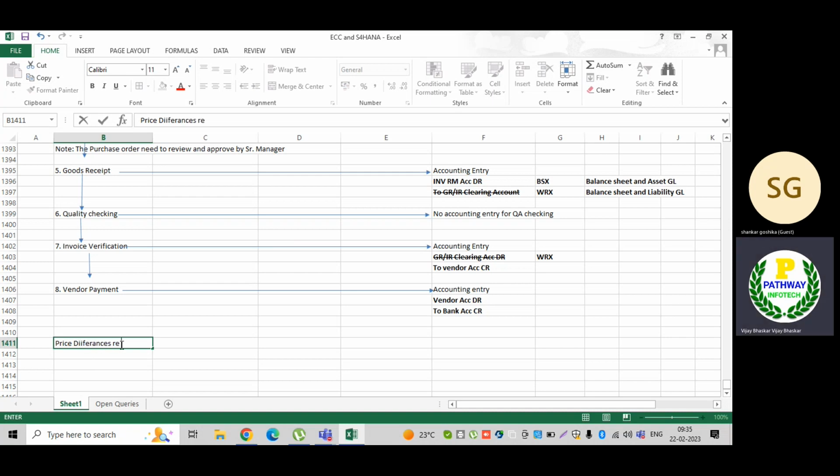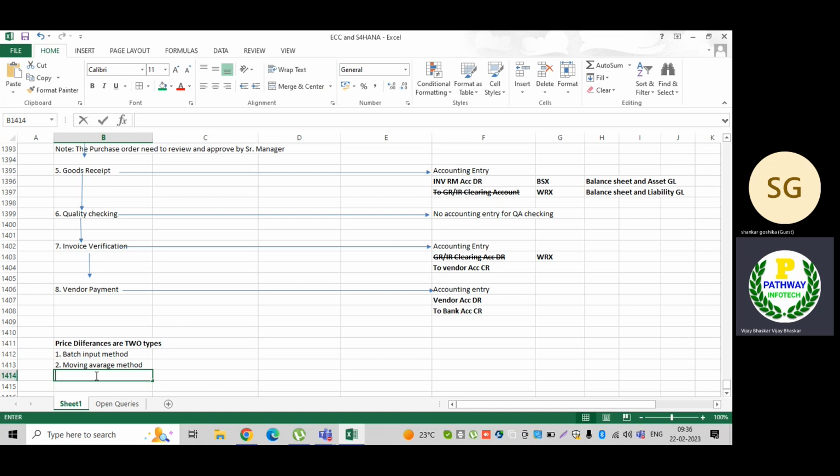Fine. Then the price differences. Price differences are of two types, based on how we estimate or calculate them. One is the batch input method, another is the moving average method. The batch input method has only one method.